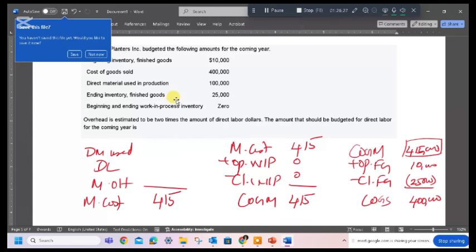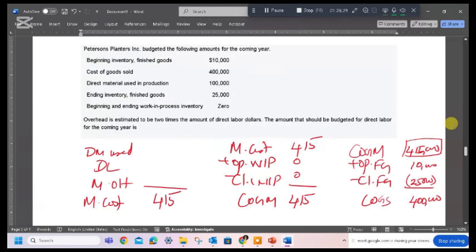Now in this 415, material used in production 100. Where is the manufacturing overhead? Overhead is estimated to be 2 times the amount of direct labor dollars. So if this is X, this is 2X. Isn't it?